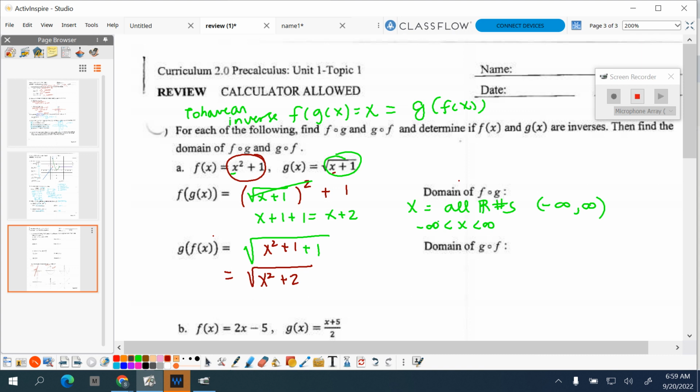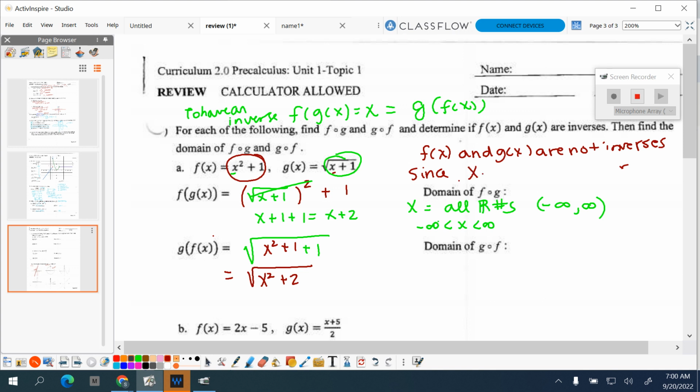Now, obviously, these do not equal each other. So f of x and g of x are not inverses, since their compositions aren't equal.